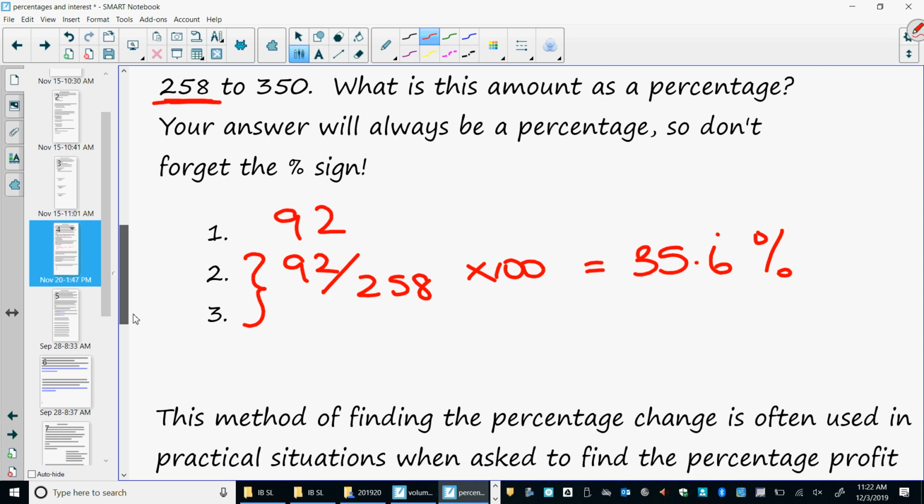Now, if we were rounding that to 3 significant figures, that would obviously be 35.7. Okay, so you either have the recurring sign or you have it to 3 significant figures. But as I say, it's a percentage change, so you need to make sure you have the percent.